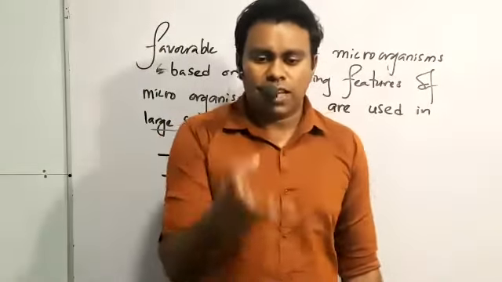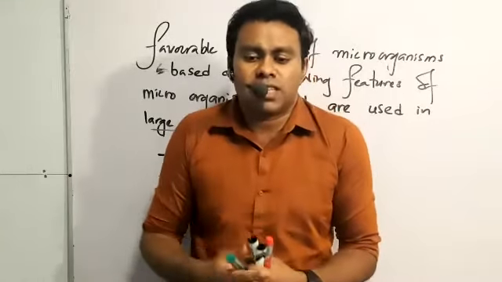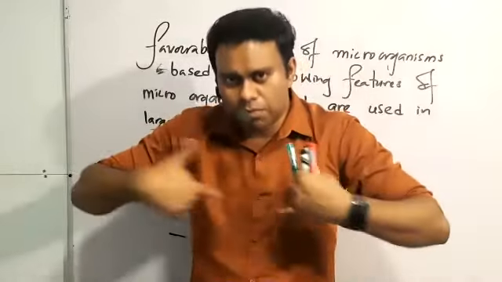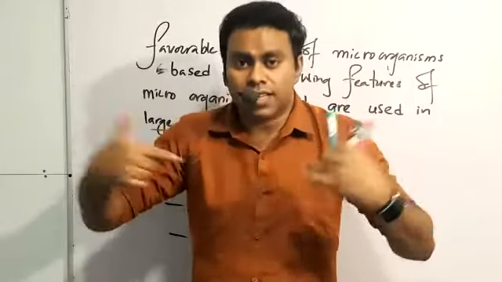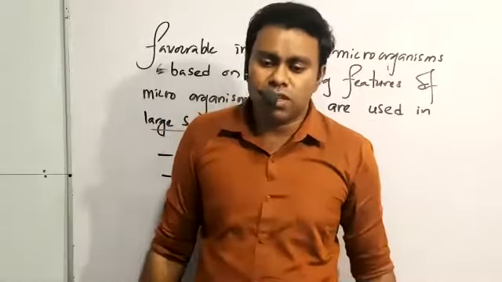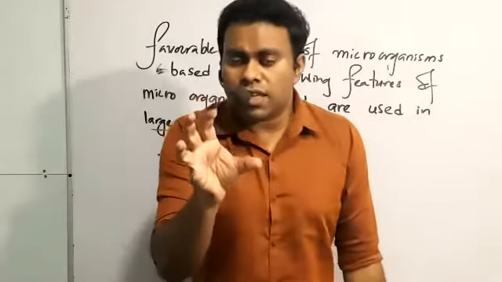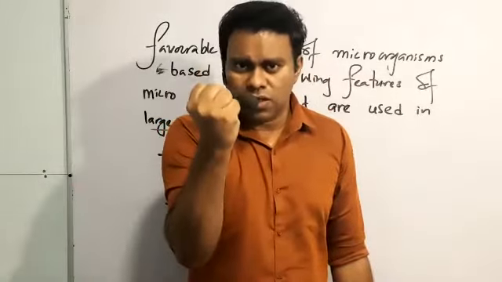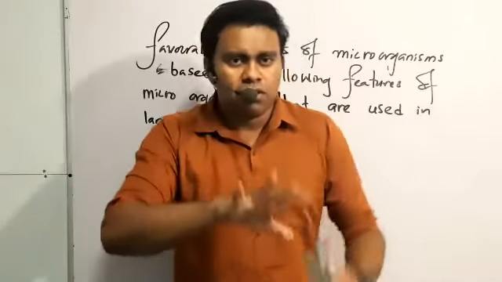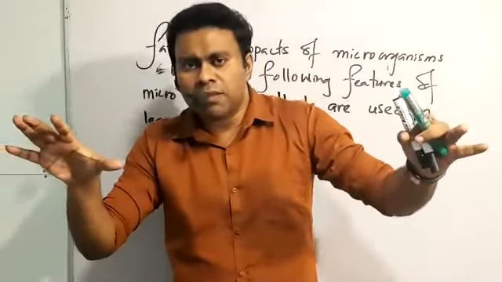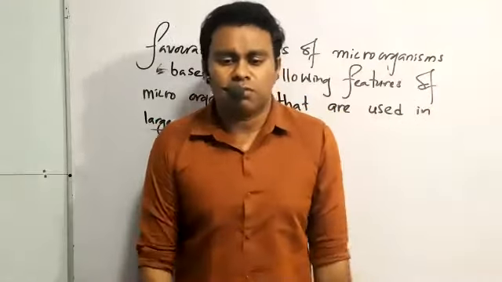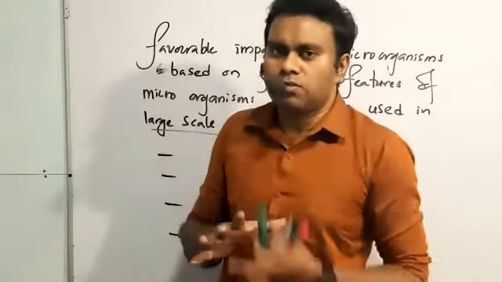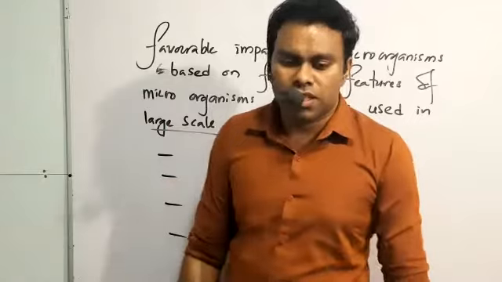Metabolic rate means the biochemical reactions that happen inside the body, known as metabolic reactions. The metabolic rate of bacteria is very high, and it is not a single organism. If we put in a single bacterium, within a very short period of time it can multiply into millions of members. So that's the first feature: ability to multiply and a high rate of metabolic activity.